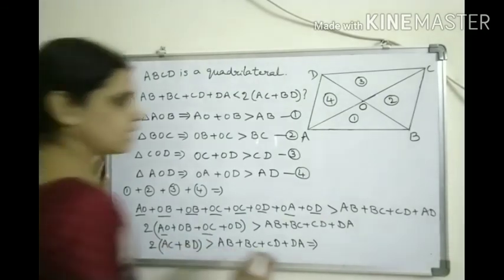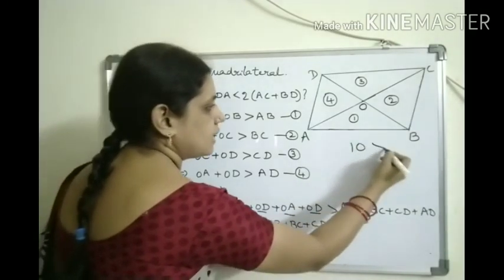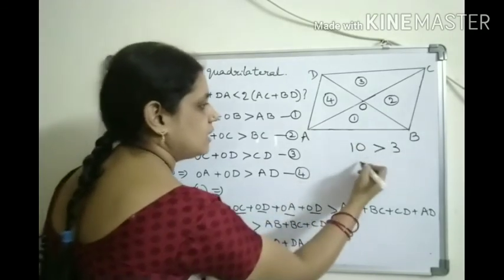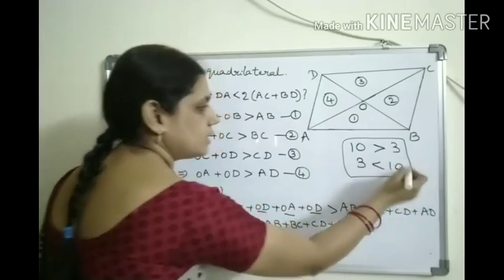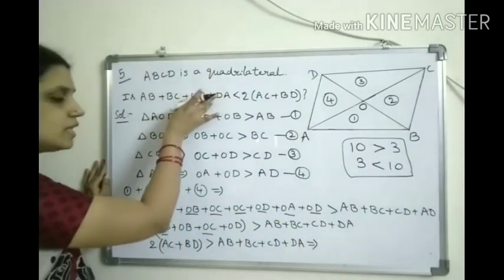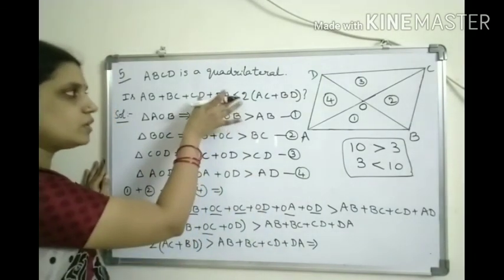How is it? Let me give a simple example. If 10 is greater than 3, can we write it in reverse using the less than sign? 3 is less than 10. Can we write like this or not? In the same way here also, since it is given in the question to prove this, we are exchanging. Otherwise it is also correct, but in the question it is given to prove this.